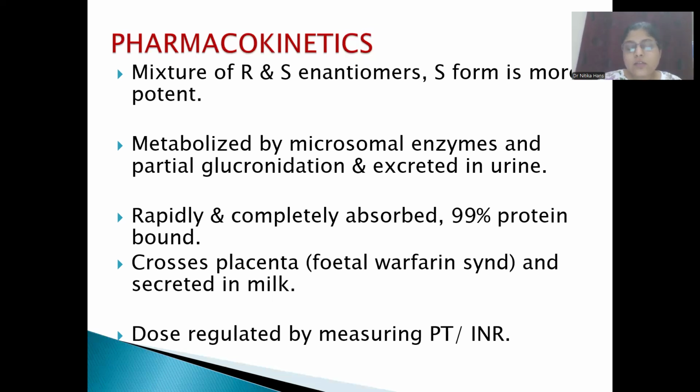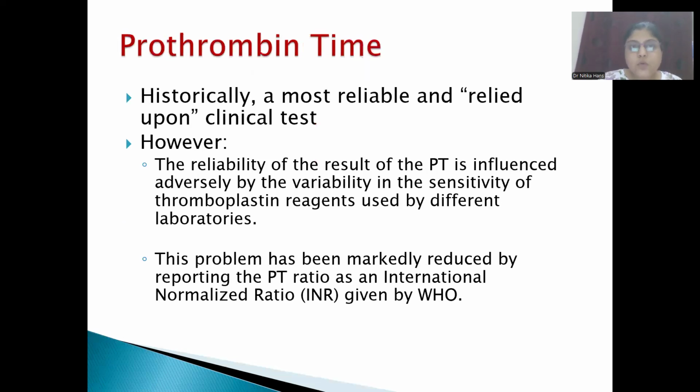The dose has to be regulated by measuring the prothrombin time or international normalized ratio. Prothrombin time is historically the most reliable and relied upon clinical test. However, the reliability of the prothrombin time result is influenced adversely by the variability in the sensitivity of the thromboplastin reagents used by different laboratories.